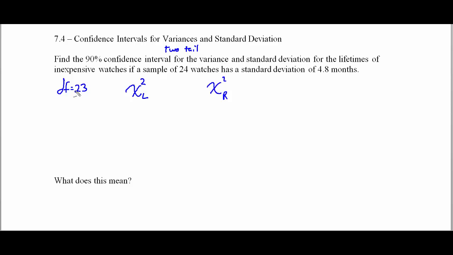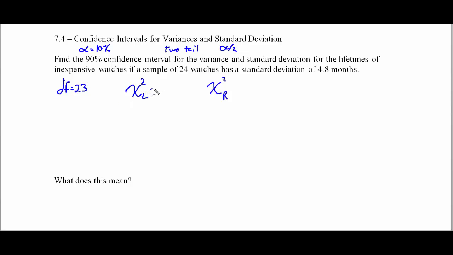Now, our alpha in this case, since our confidence interval was 90%, our alpha is 10%, which means that for a two-tail test, we have to have our alpha divided by 2. So for chi-squared left, we're going to look up 95%.